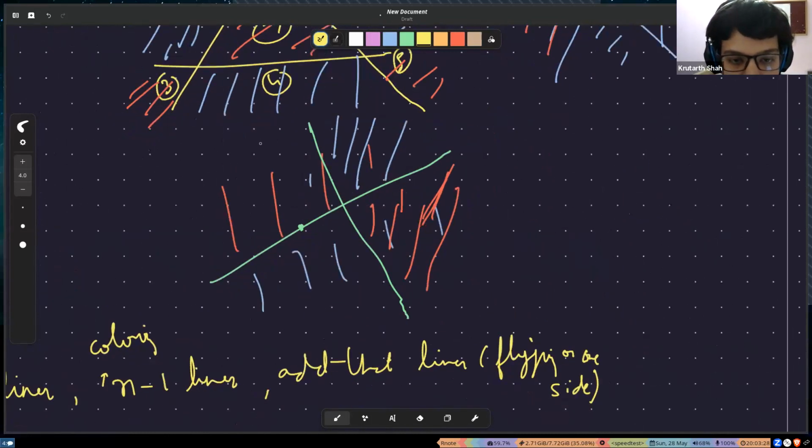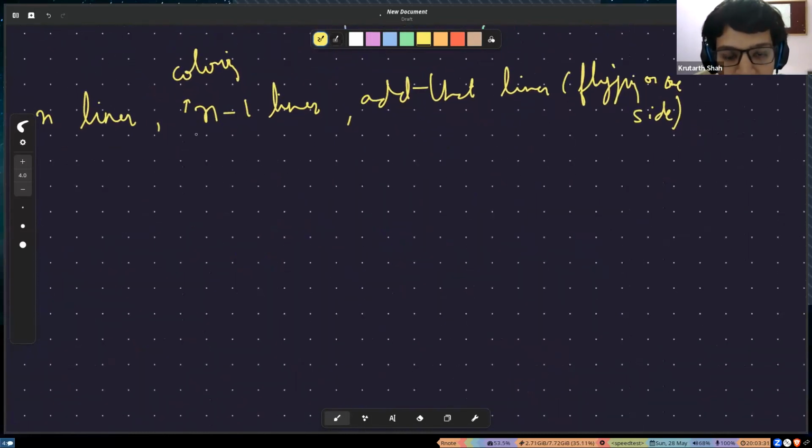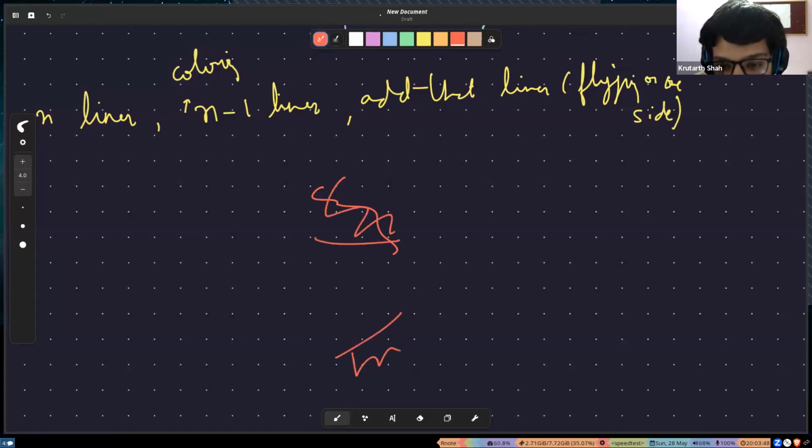But yes, this works. So the proof is basically you take n minus 1 lines among those, and by induction you already know that you can color these in such a way, whatever coloring you have.